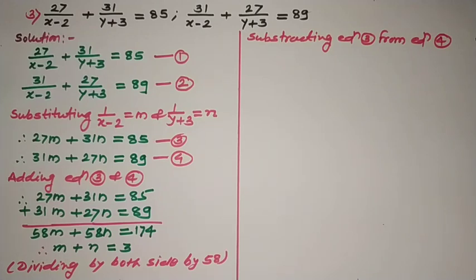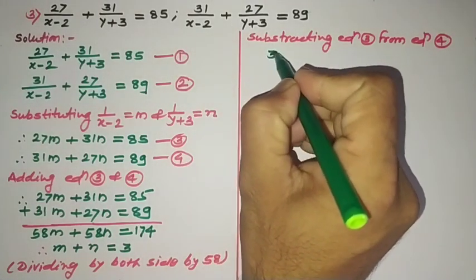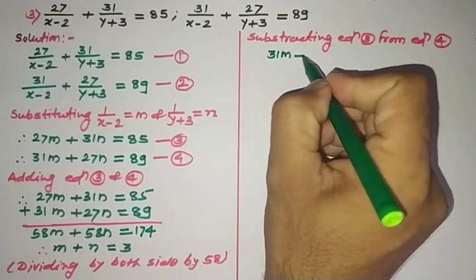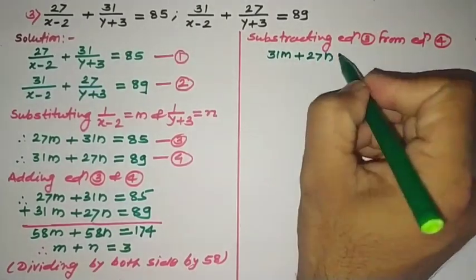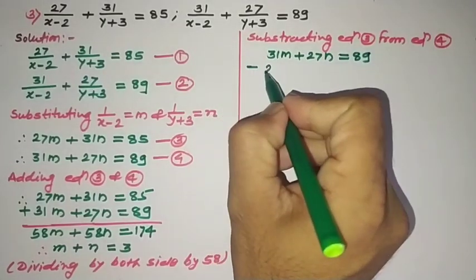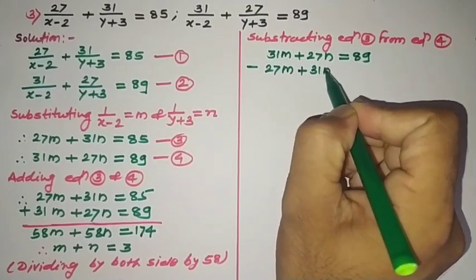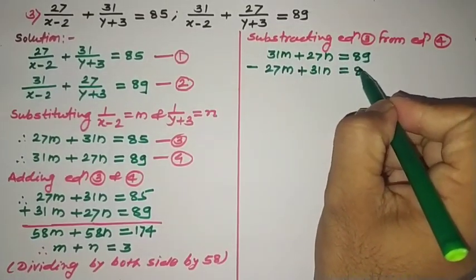First write down equation 4: 31m plus 27n is equal to 89, and second, equation 3: 27m plus 31n is equal to 85.